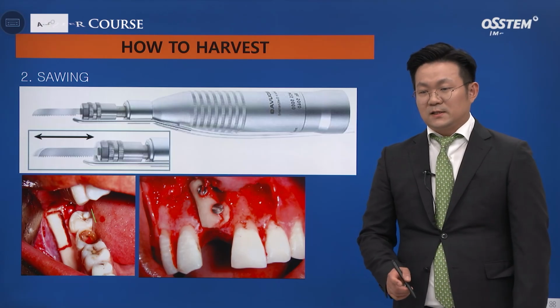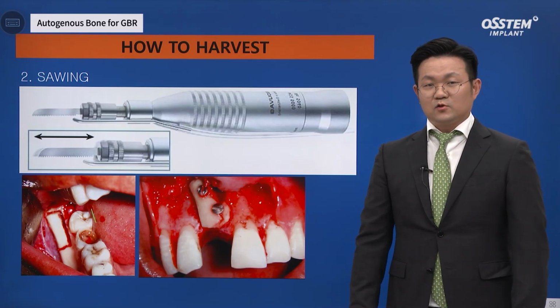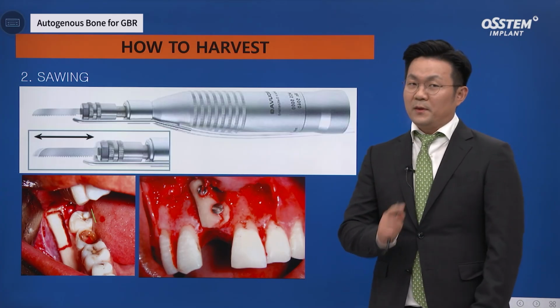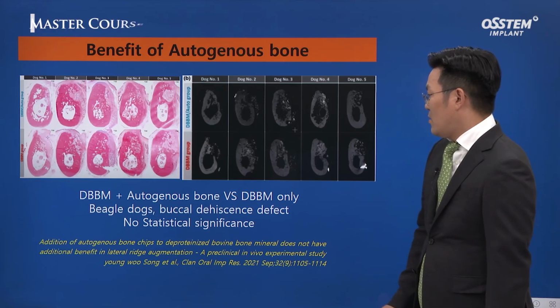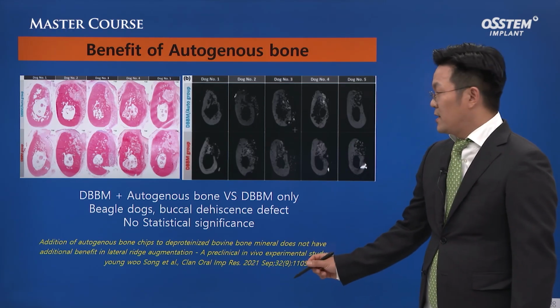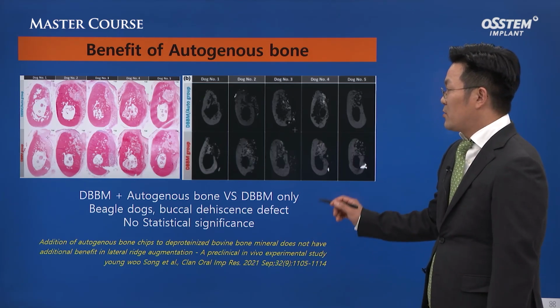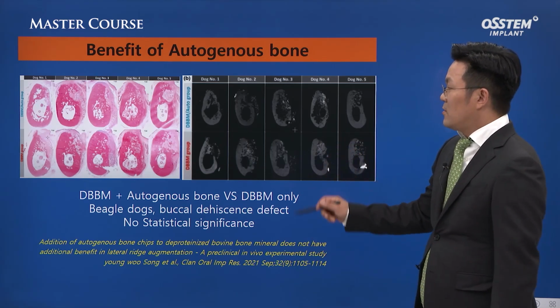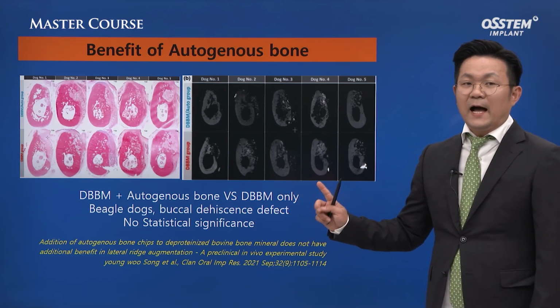When we mix autogenous bone with xenograft material, is it really effective in formation of bone? This is a paper published in 2021 in COIR, written by Young Song. As you can see, beagle dogs were divided into two arms.